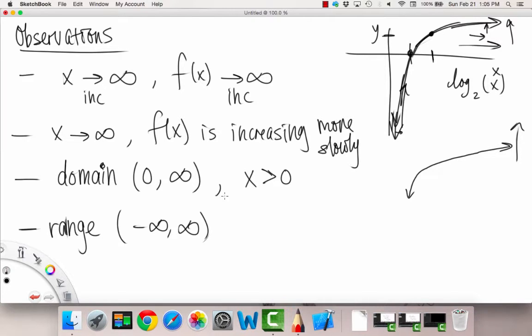Okay? And we can note something special about this, because the domain of this function is actually the range of 2 to the x. Remember, logarithms and exponentials are inverse functions. So the inverse of log base 2 of x is 2 raised to the x power.